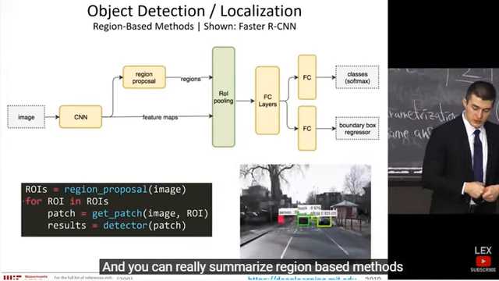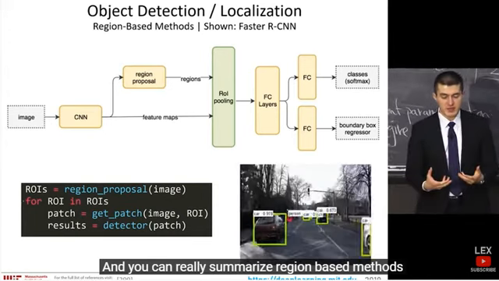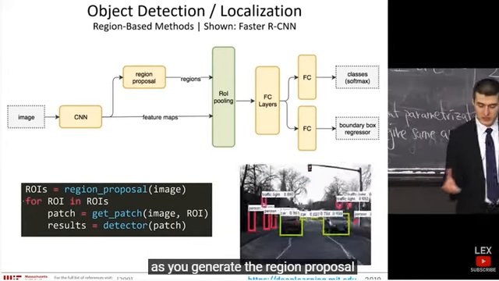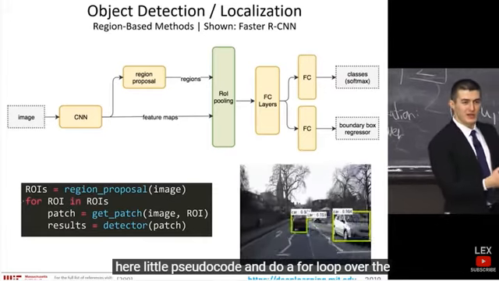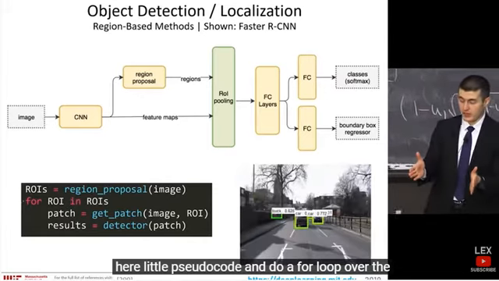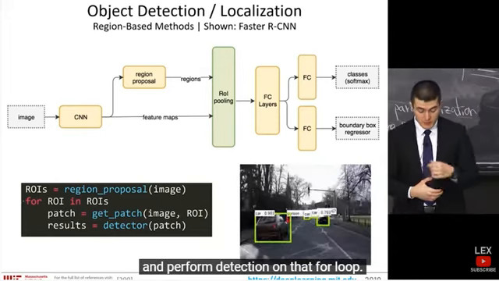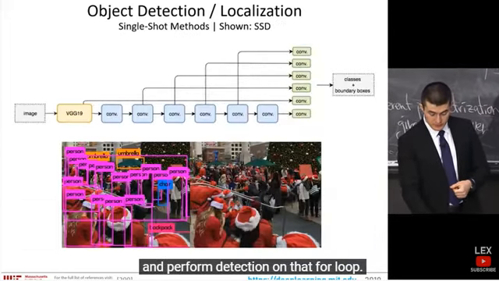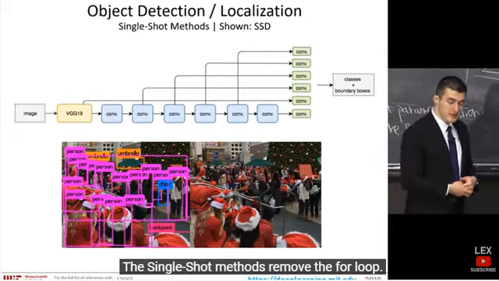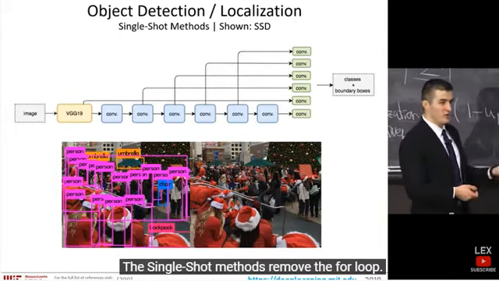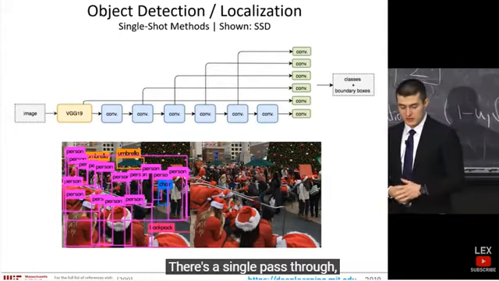You can really summarize region-based methods as: you generate the region proposals, here in a little pseudocode, and do a for loop over the region proposals and perform detection within that for loop. The single shot methods remove the for loop. It's a single pass through.